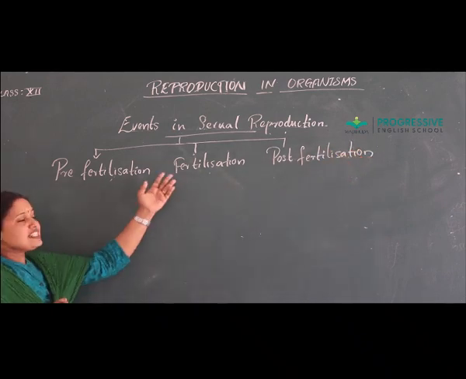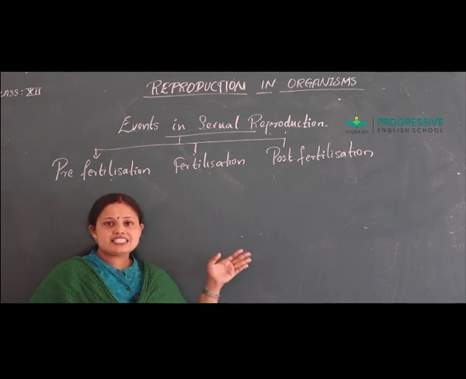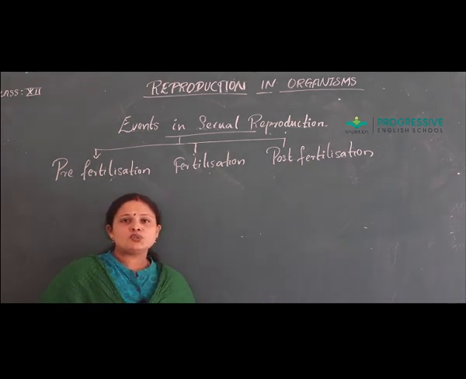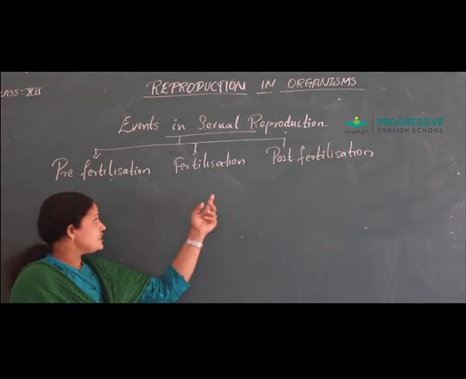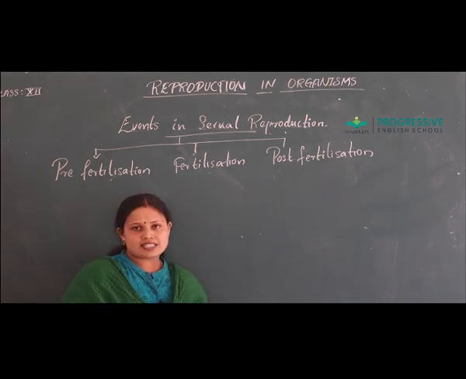Events in sexual reproduction are divided into three distinct stages: pre-fertilization, fertilization and post-fertilization.